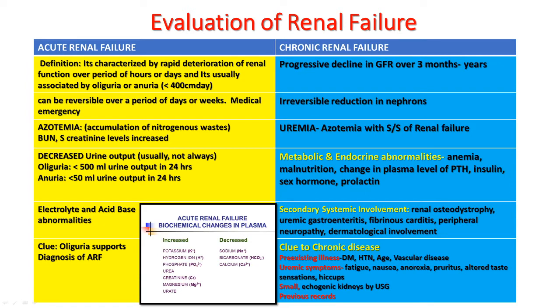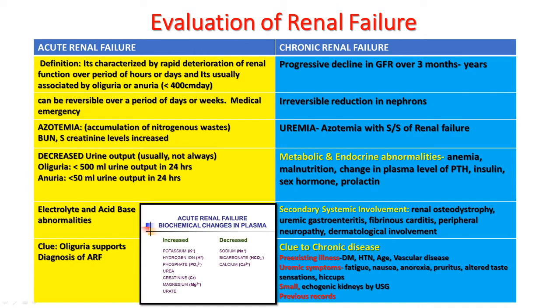In chronic renal failure, there is association of metabolic and endocrine abnormalities seen in the form of anemia, malnutrition, change in the plasma levels of parathyroid hormone, and associated secondary systemic involvement like renal osteodystrophy, uremic gastroenteritis, fibrinous pericarditis, peripheral neuropathy and dermatological involvement.